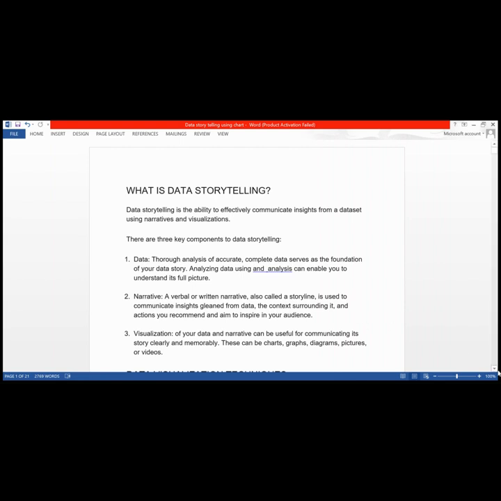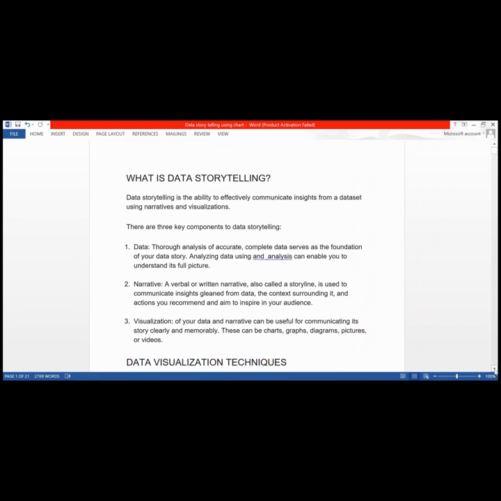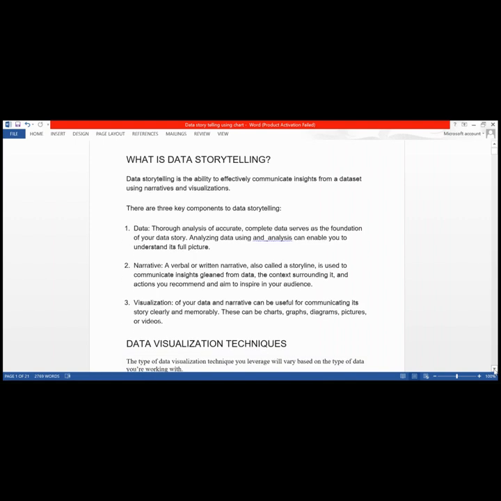Another one is visualization. That is knowing the right visualization tech to use so that your story will be insightful. And also, you can communicate visually by charts, graphs, diagrams, pictures, or videos.